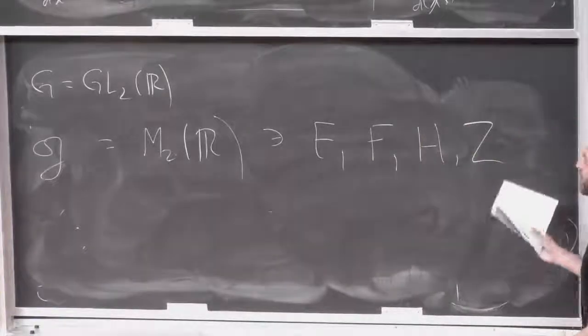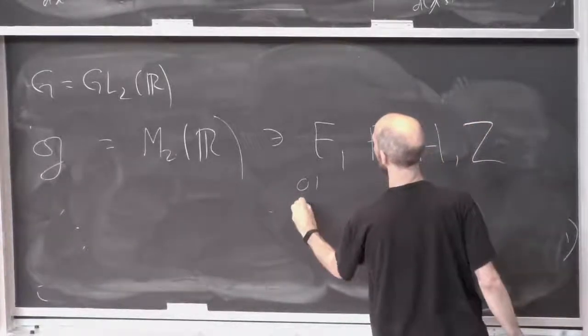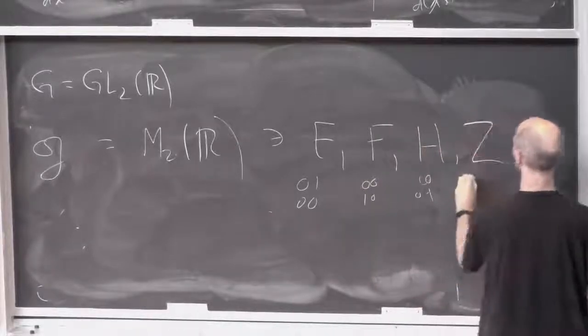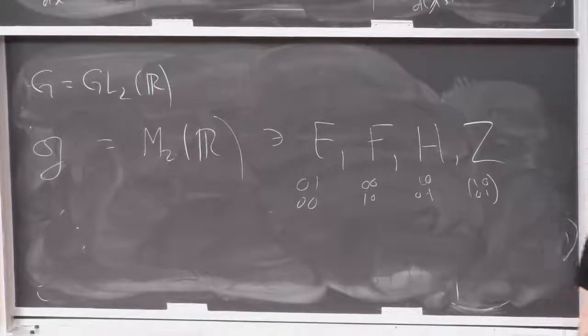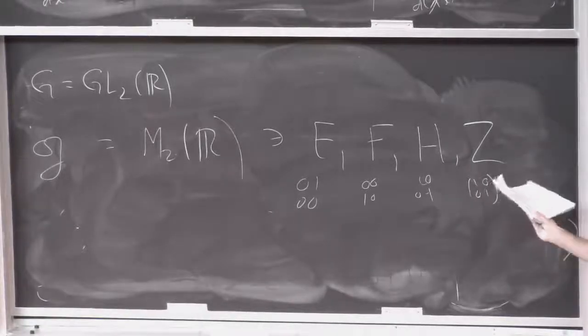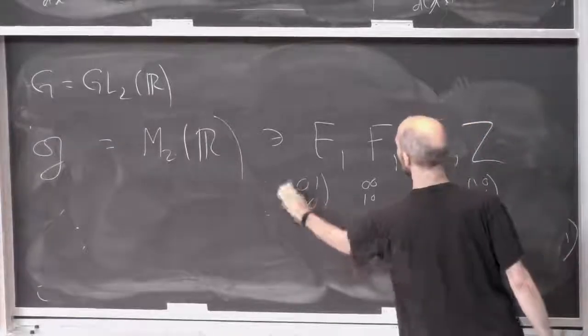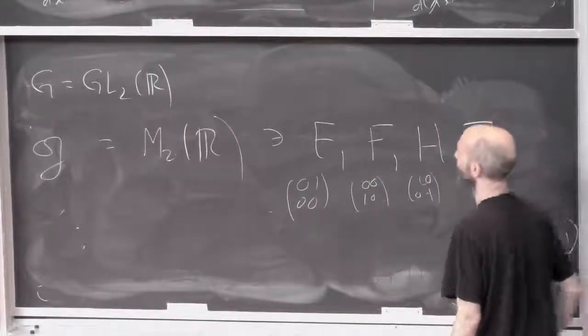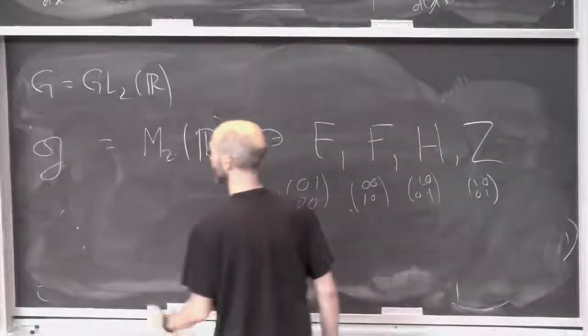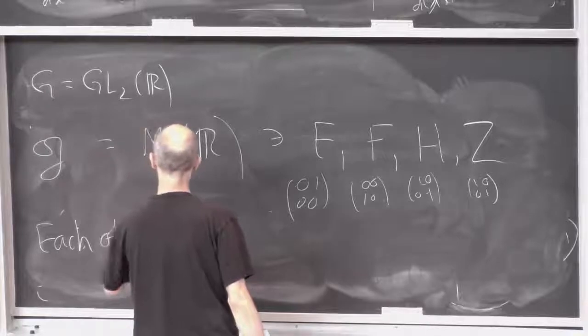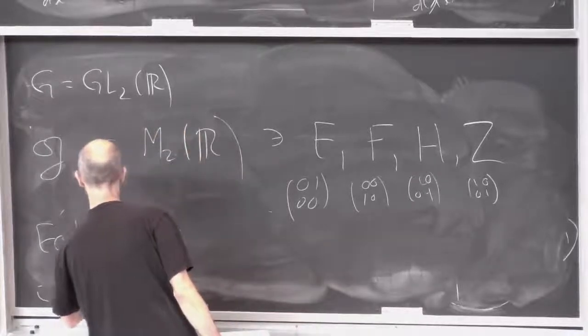These are just four matrices: 0, 0, 1, 0; 0, 0, 0, 1; 0, 1, 0, 0; minus 1, and 1, 0, 0, 1. Somebody wrote these letters down once and they stuck, so they're called E, F, H, and Z. And each one of these will give us a differential operator, right?